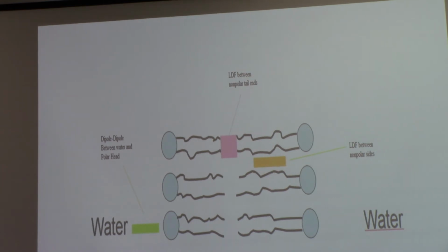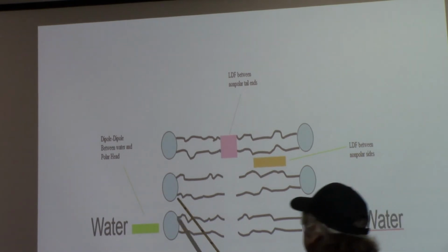Okay. So here's a picture of what happens when you put phospholipids into water. This is all happening in water. So when you put in the phospholipids, they go tail to tail and side to side, increasing their London dispersion forces.